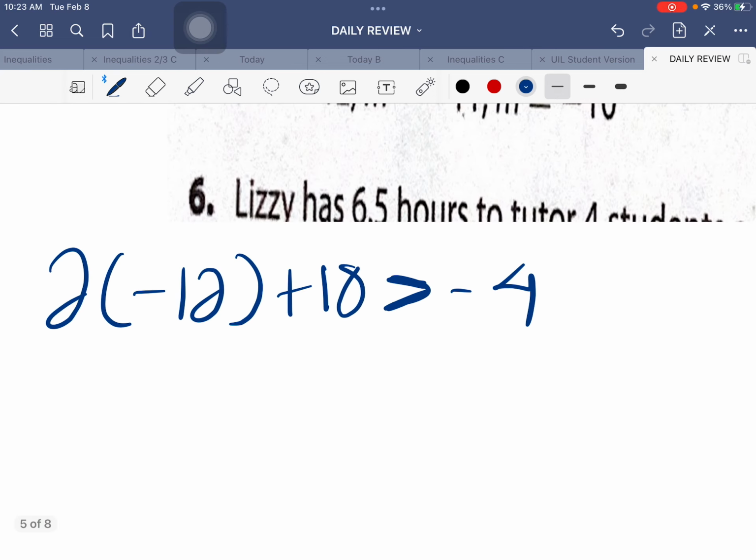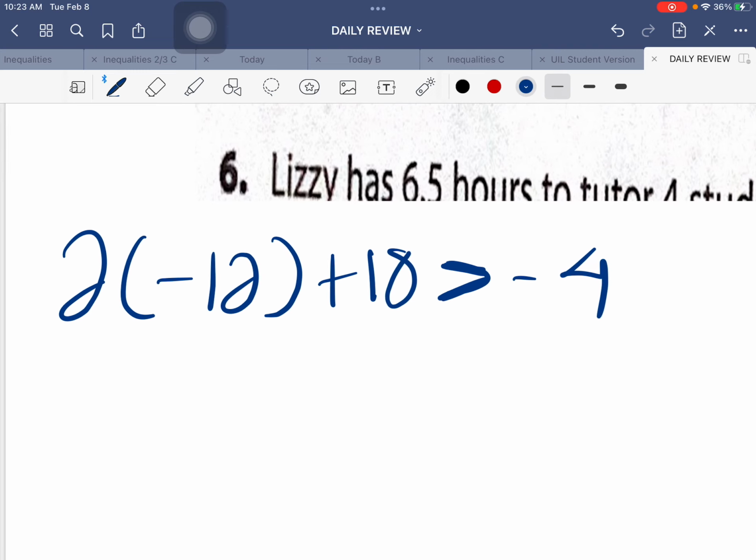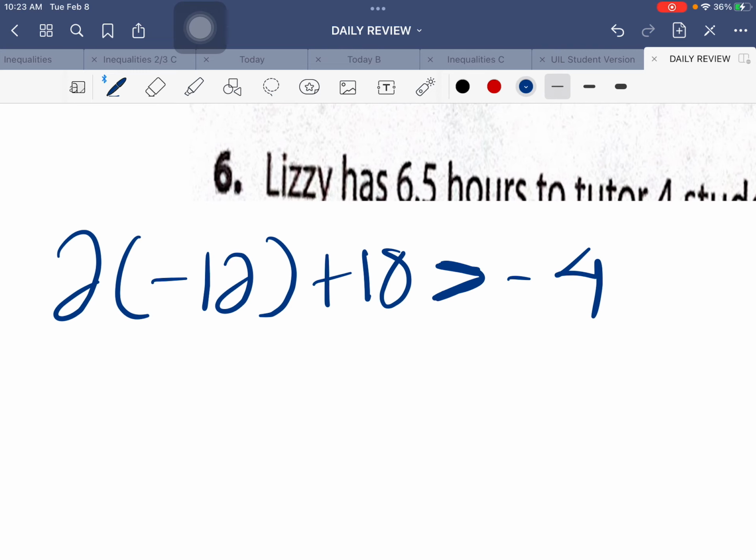What is 2 times negative 12? What's 2 times 12? 24. One negative makes the entire thing negative. So we have negative 24. And then bring everything else down.